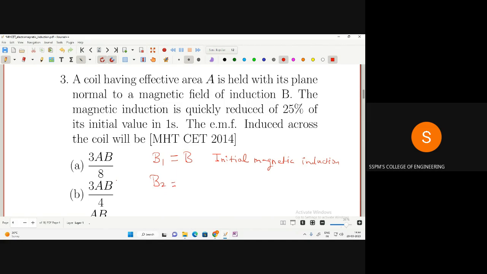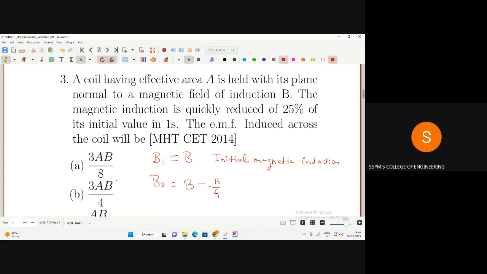It is reduced by 25% of the initial value. The initial value is B and it reduces by 25%, it means B upon 4. Are you getting? B minus B upon 4. In this way you have to write the equation for B2.